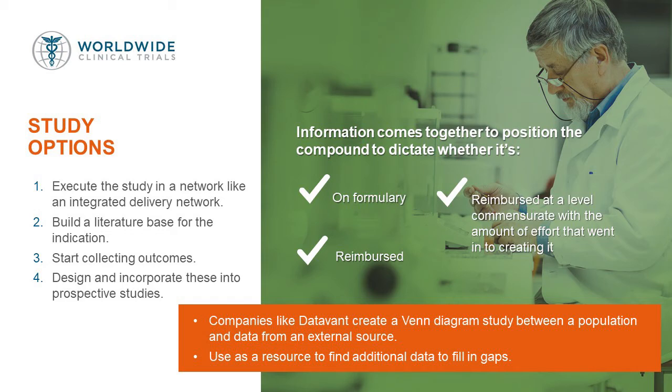After the data is assembled, upon the initial analysis there might be a recognition that more data might be valuable. One of the things that we can support our partners with is, as there's a particular population defined and there's an interest in pulling in additional data points for that population, essentially creating a Venn diagram study between that population you already have and data that sits at an external source.